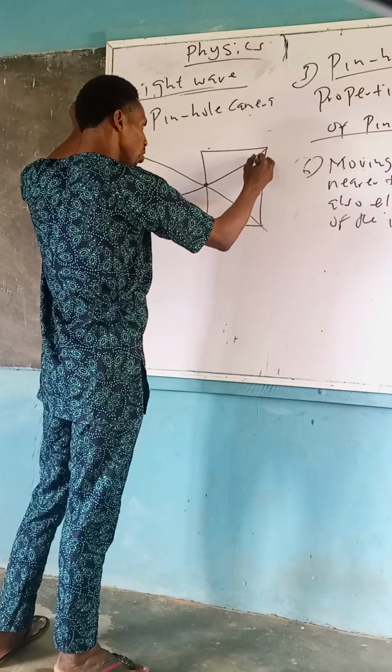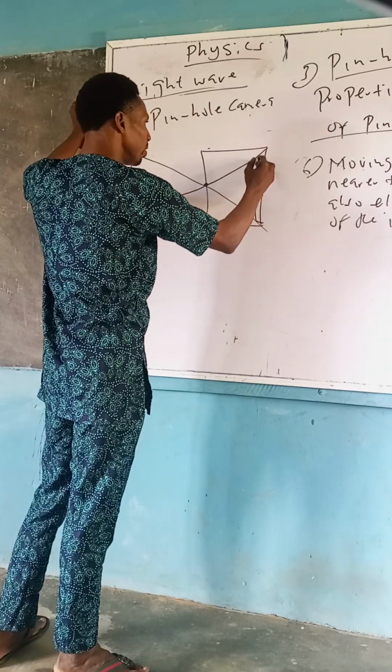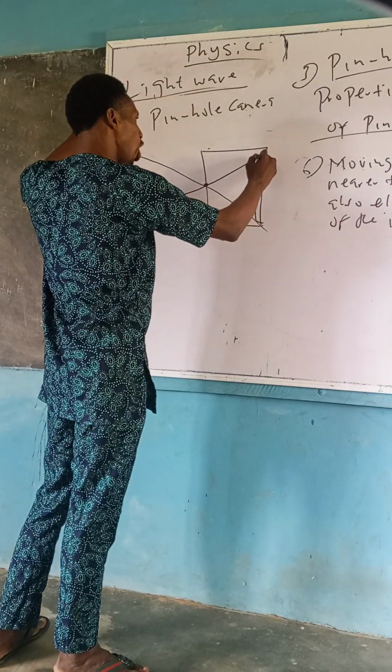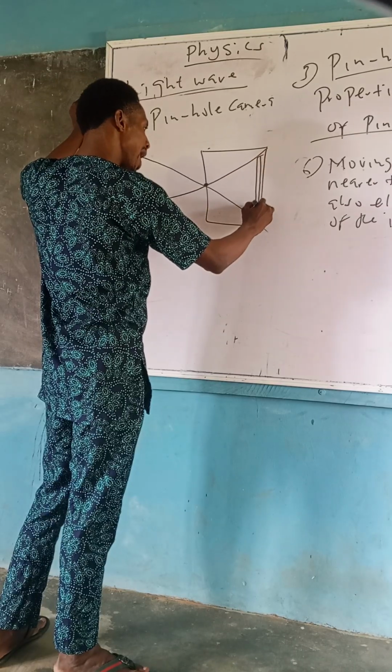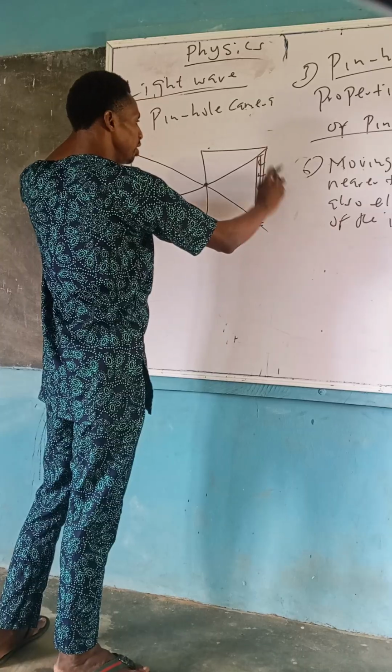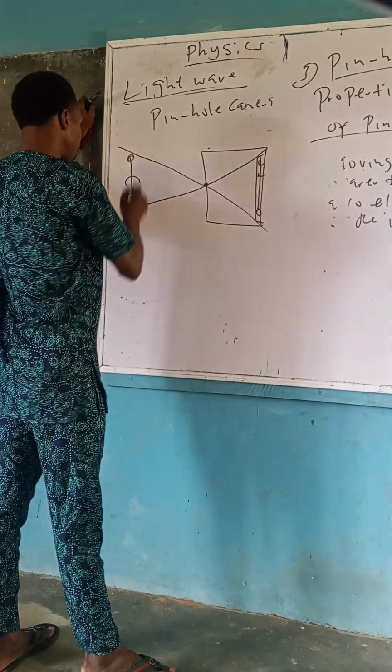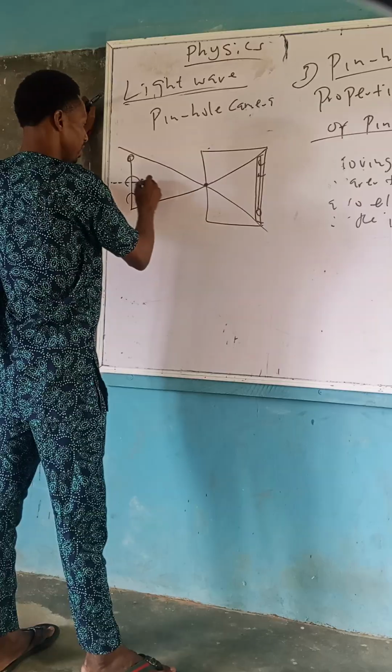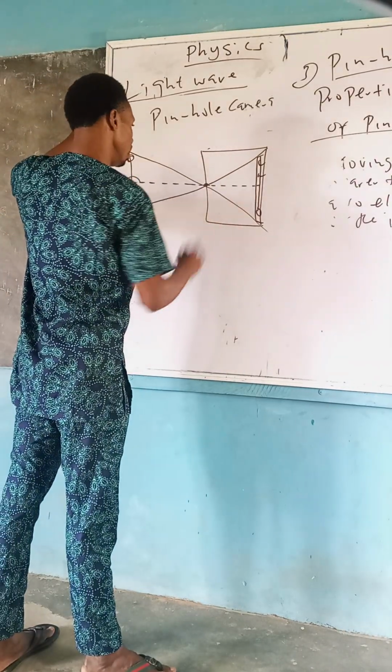Now, in this case, we have a photographic film. The object will be formed inverted. This is the image formed. A ray of light can pass through this place this way.